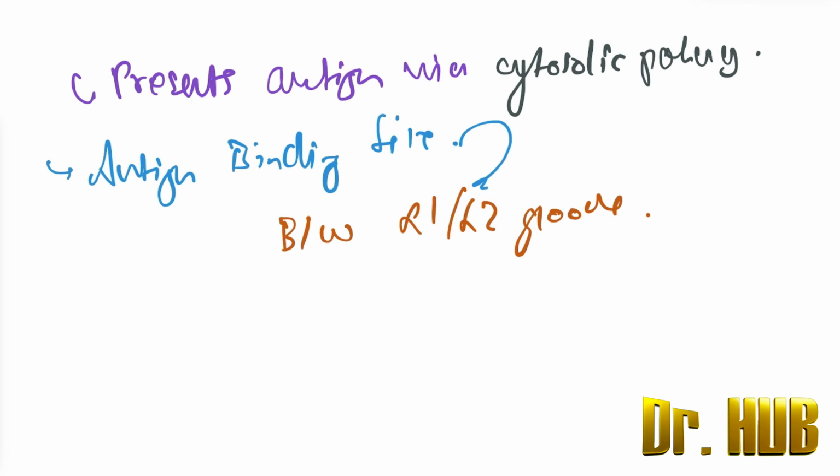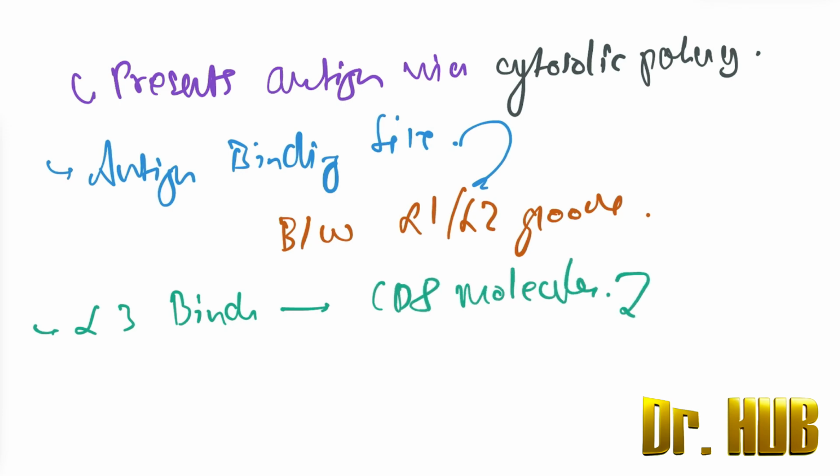And next we have the alpha 3. Alpha 3 binds to the CD8 molecules, and this is on the cytotoxic T cells.